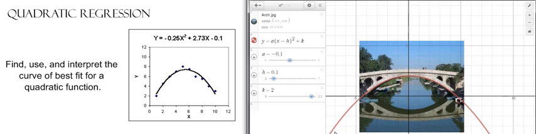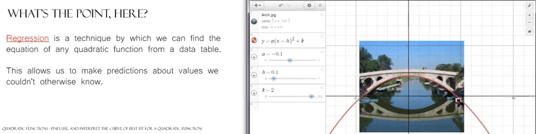Now we can see that that parabola on my graph matches the parabola of the bridge very, very well, and most importantly, I now have an equation from Desmos for this parabola on the bridge. And this again is the whole point of quadratic regression. It's just a technique where we can find an equation.